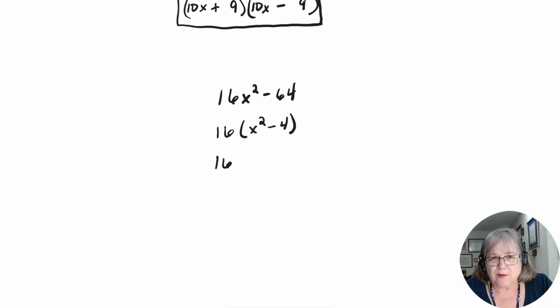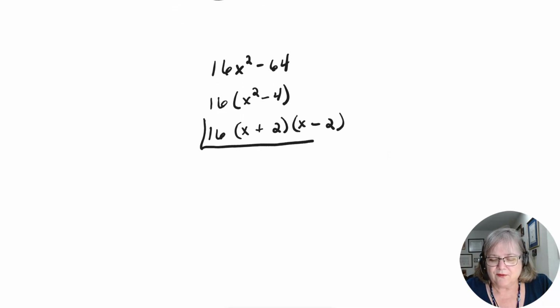It's not a trinomial with a lead coefficient of 1, and it is the difference of two squares. So I have two factors that are conjugates of each other. The square root of x squared is x, goes in the front of each one. The square root of 4 is 2, goes in the back of each one. One's plus and one's minus. Now this is fully factored.